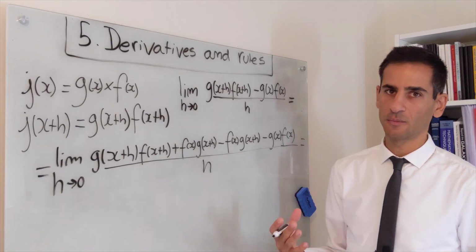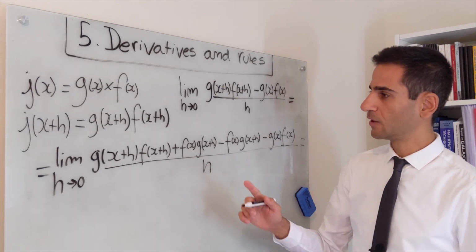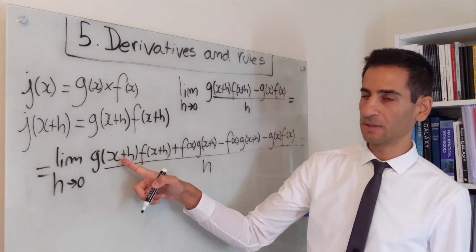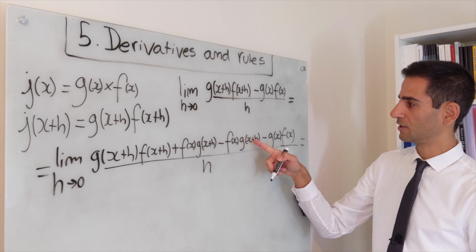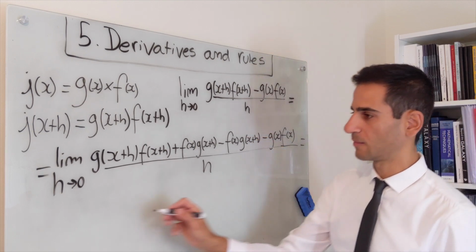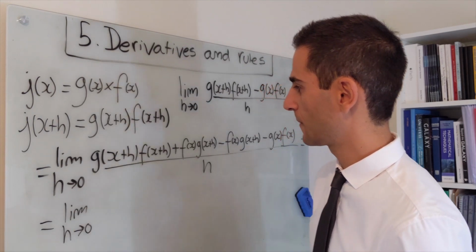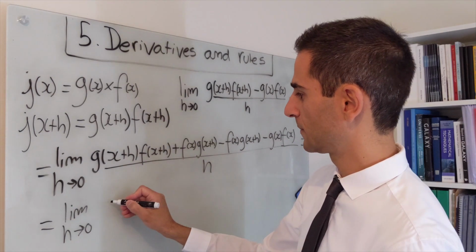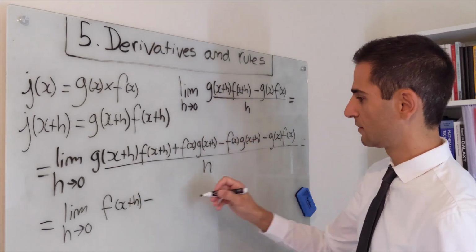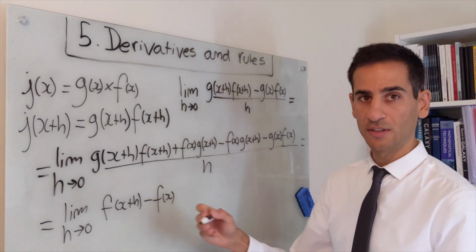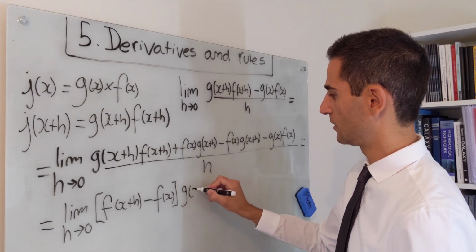Once we get to this stage, what we really need is to identify terms and group them together. For example, we can see that f of x plus h is being multiplied by g of x plus h, and we also have minus f of x g of x plus h. So we can start by writing that this is the limit when h goes to 0. And let's try to group terms of f of x plus h minus f of x, and you will see where this is going, multiplied by g of x plus h.